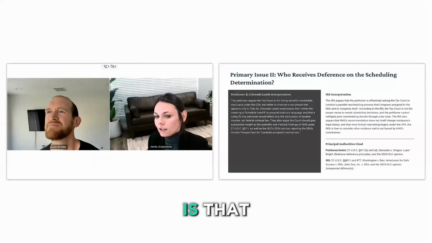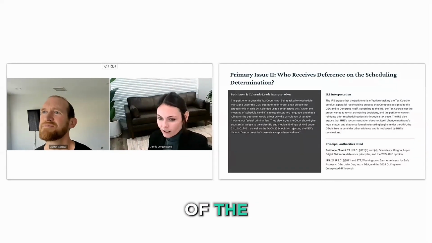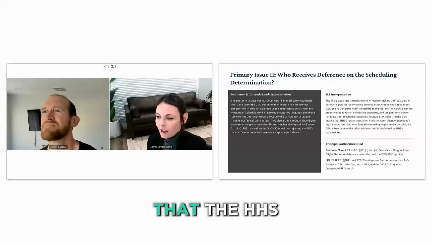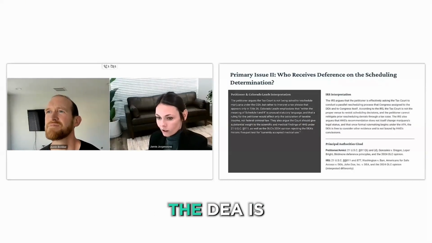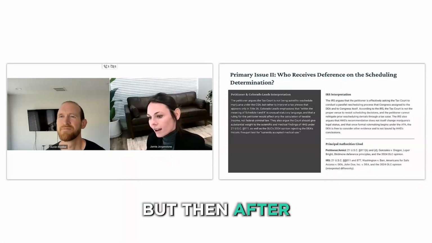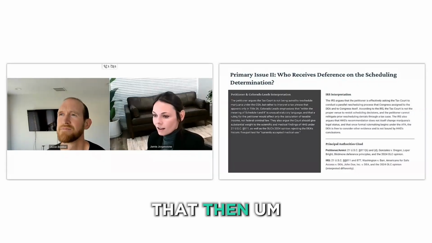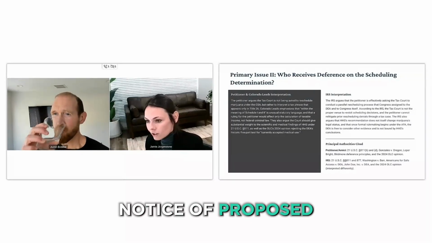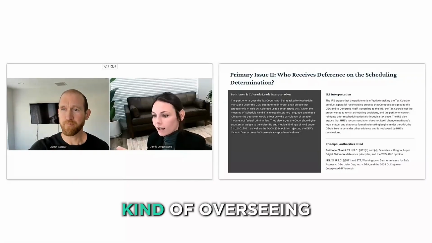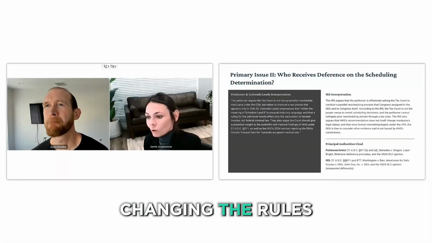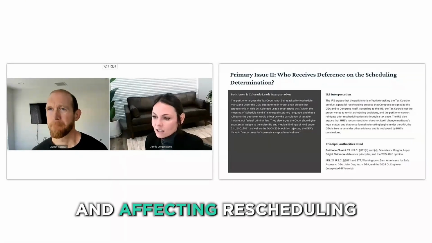What's interesting is that part of that law really clearly states that the DEA is bound by the HHS's medical and scientific determinations. But after the HHS does that, the DEA is responsible for the notice of proposed rulemaking, overseeing that process, and eventually changing the rules and affecting rescheduling.